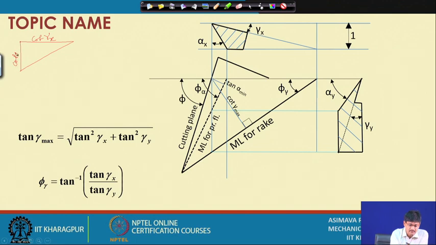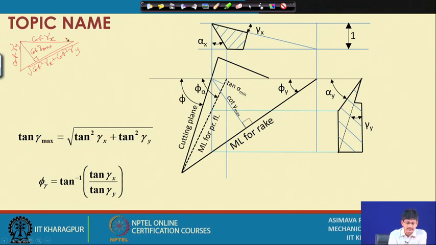This one is cot gamma y, this one must be root over of cot square gamma x plus cot square gamma y, and this must be equal to cot gamma max. Once we have this relation, we will be able to find out tan gamma max. How do we do that?